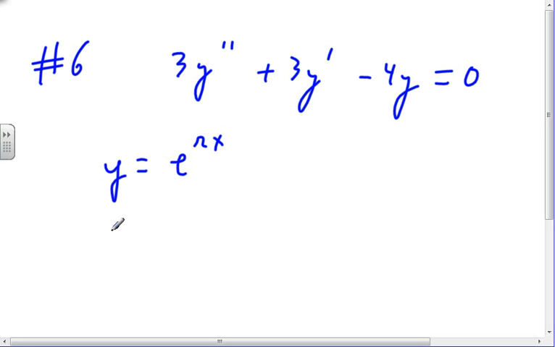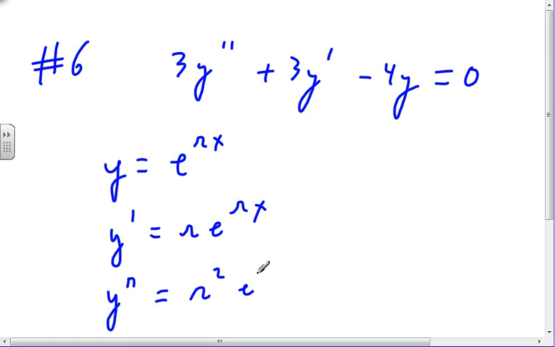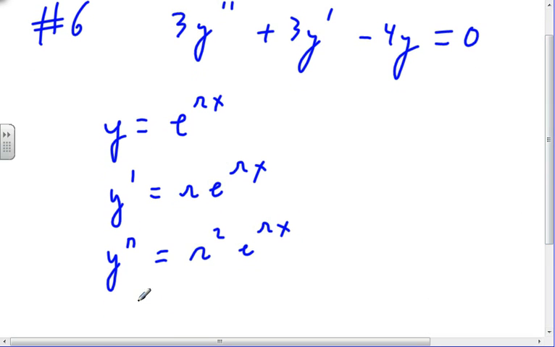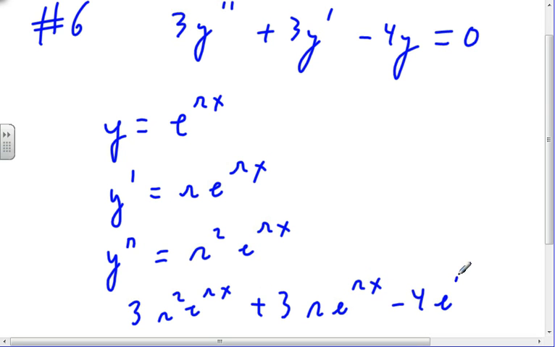Alright, so y prime would be r e to the rx, and y double prime would be r squared e to the rx. And then we say, well, I've got 3 r squared e to the rx plus 3 r e to the rx minus 4 e to the rx is equal to 0.